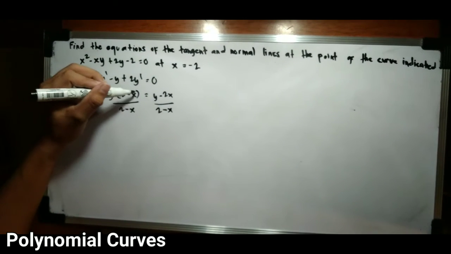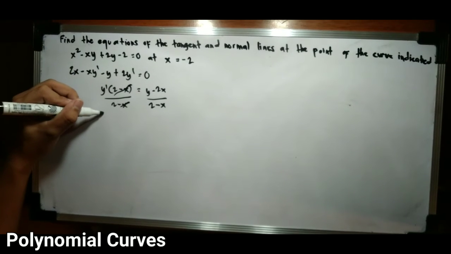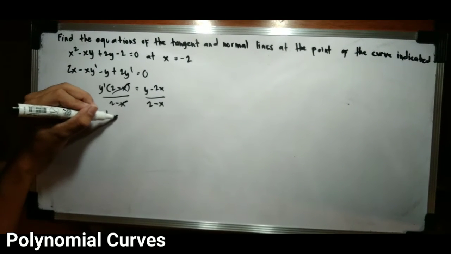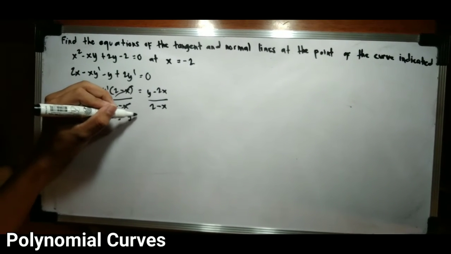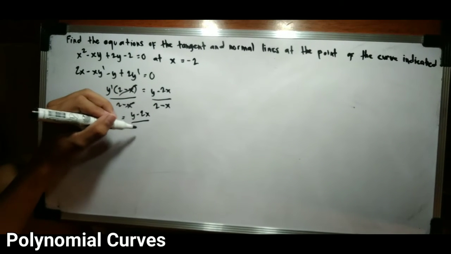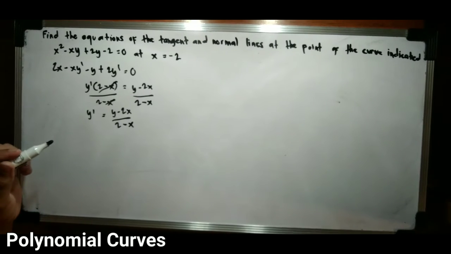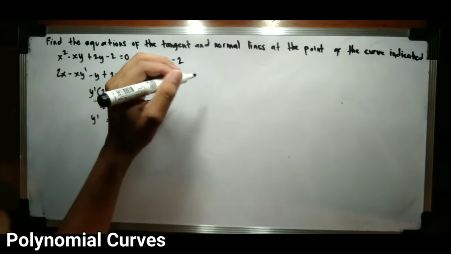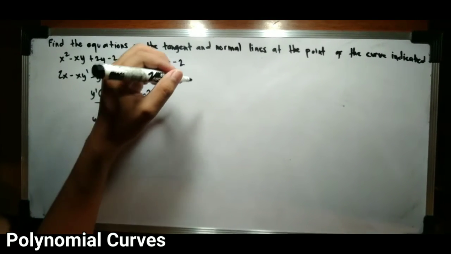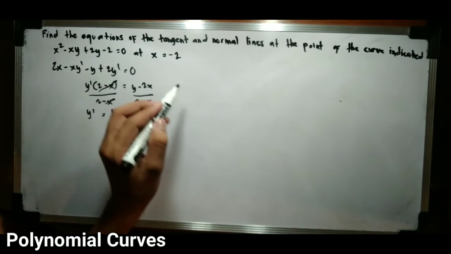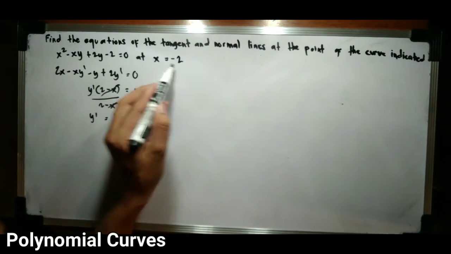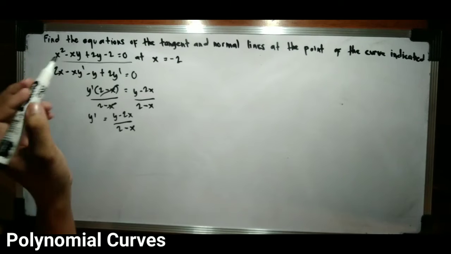Then we will cancel out 2 minus x. So what is left is y prime equal to (y minus 2x) over (2 minus x). Since we don't have a value for our y, let's find the value of y. Let's just substitute negative 2 into the original equation.